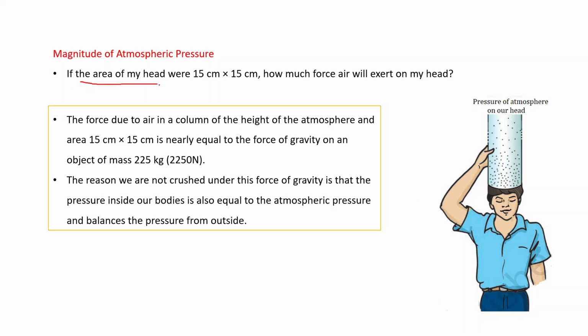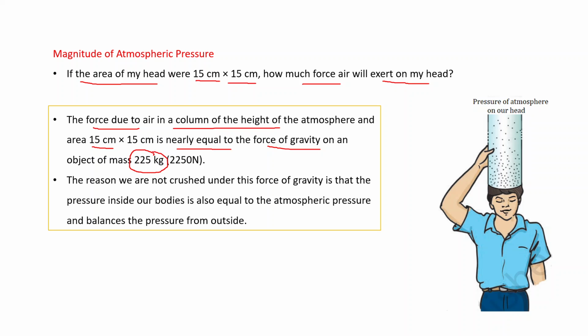If the area of my head were 15 centimeter into 15 centimeter, how much force will air exert on my head? The force due to air in a column of the height of the atmosphere and area 15 centimeter into 15 centimeter is nearly equal to the force of gravity on an object of mass 225 kilogram.